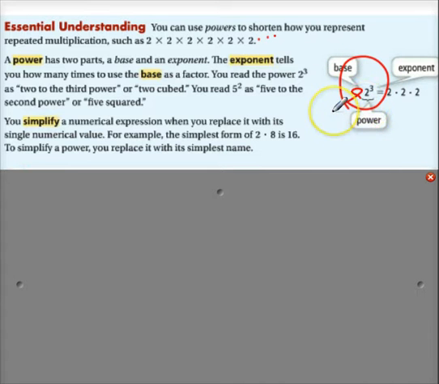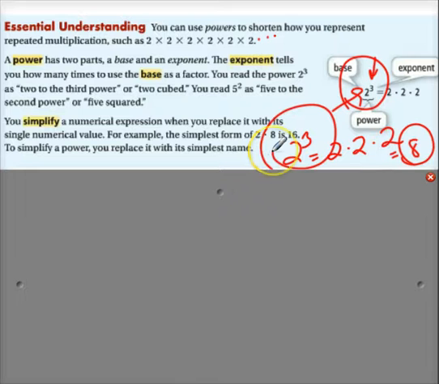The base is 2 and the exponent is 3. When we simplify a power, they want you to take that power and write it out like this, and then find out what that actually is. So 2 times 2 is 4, times 2 is 8. That would be the simplified version of this power.